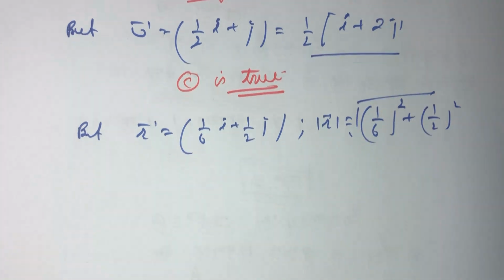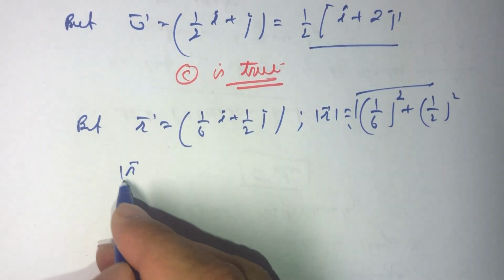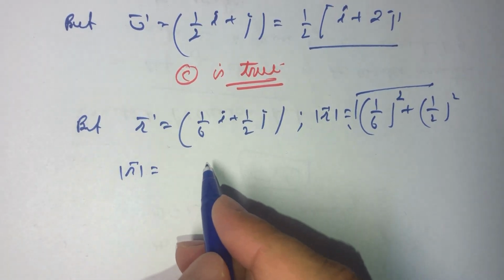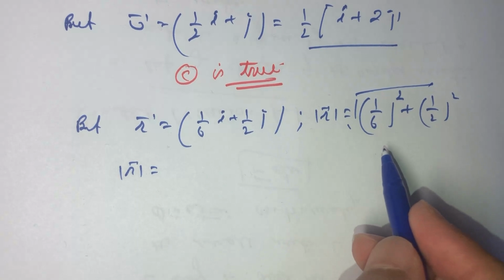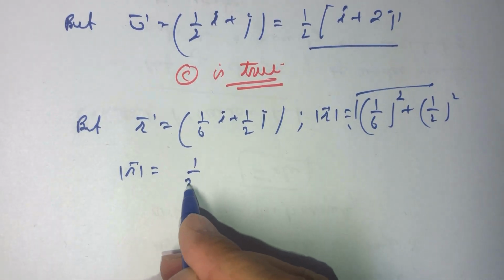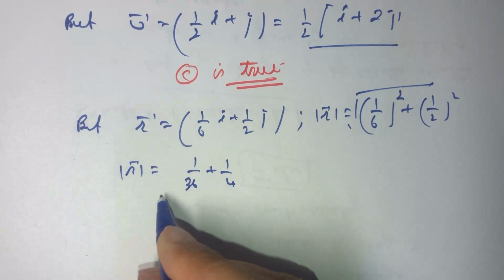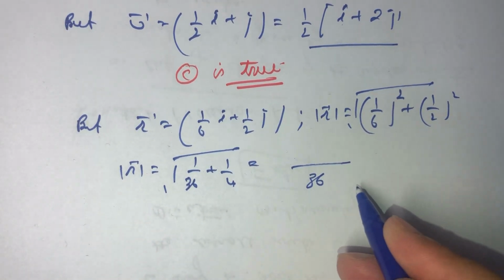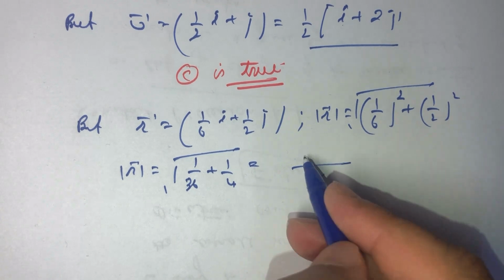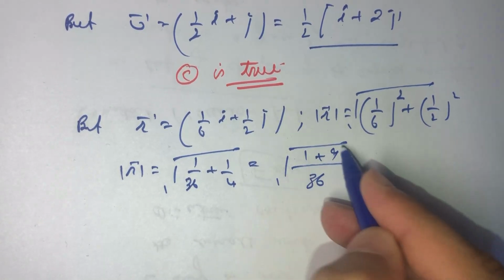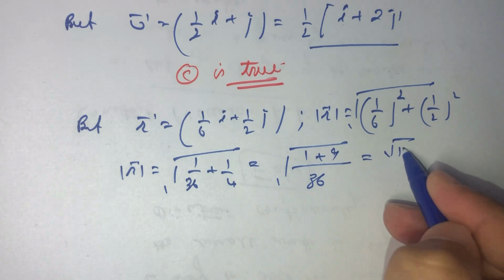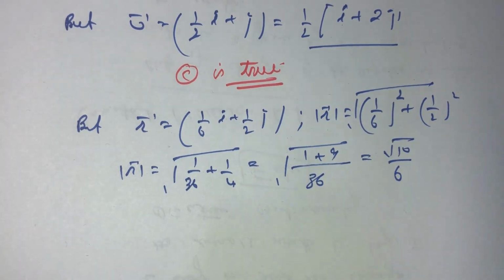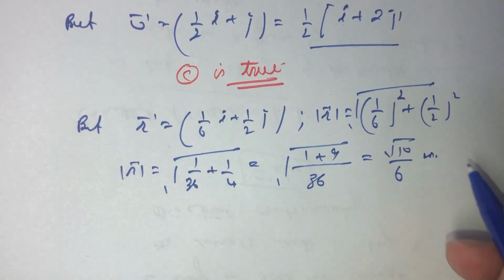This becomes the square root of 1 by 36 plus 1 by 4, and with LCM 36, this is 1 plus 9, so the magnitude is square root of 10 divided by 6 meters.